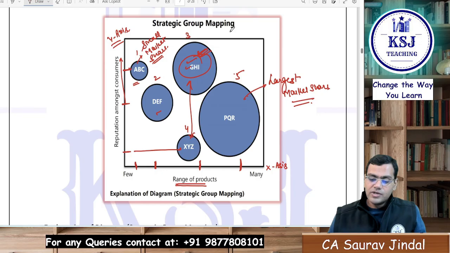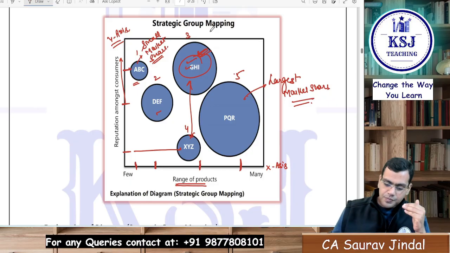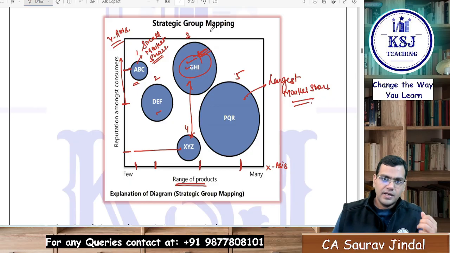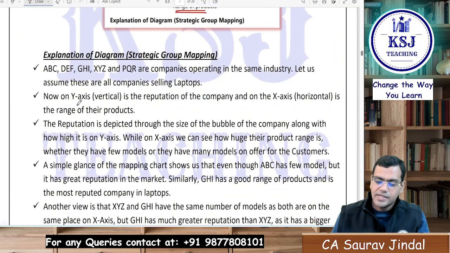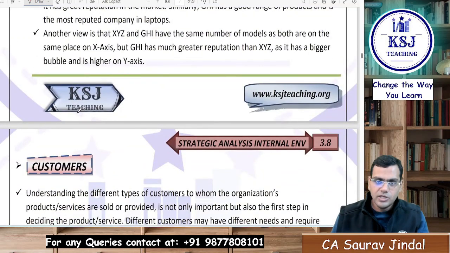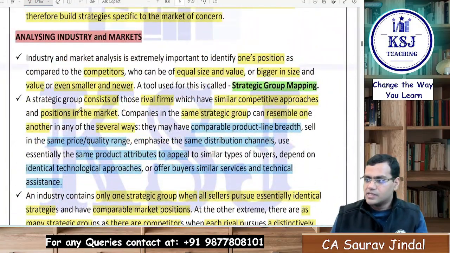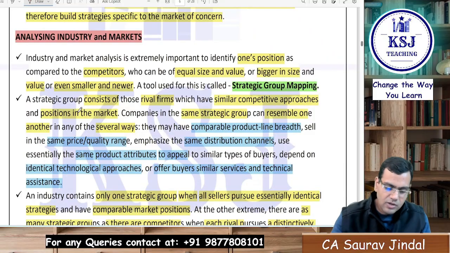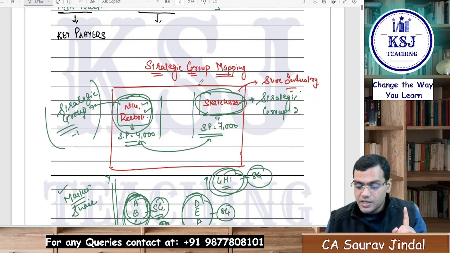This is how the strategic group mapping is done, and that is how the firms are able to understand what is their standing according to the industry and the market. So this is the explanation. Just go through the explanation once. Whatever we have discussed, the explanation is based on that. I hope this is a very important topic, strategic group mapping, that how the grouping is being done.